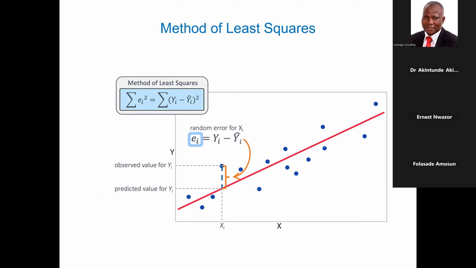If about 5 of us draw different lines, the best line among us will be the one that, when we square the difference between the line and each dot and add them up, gives the smallest value. That will be the line that is closest to almost all of them on average. That is what the best line is called: the line of best fit.